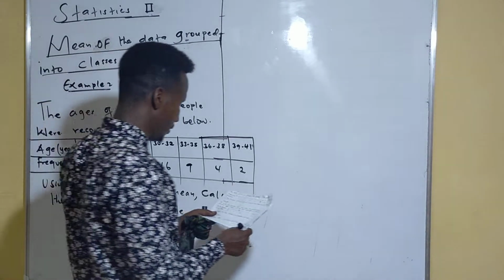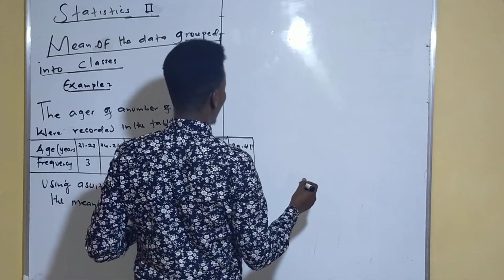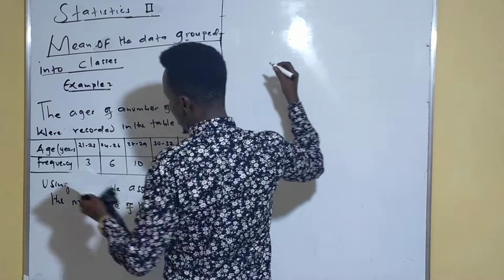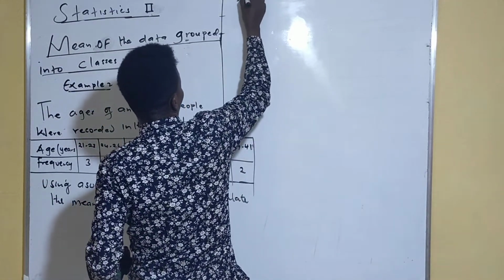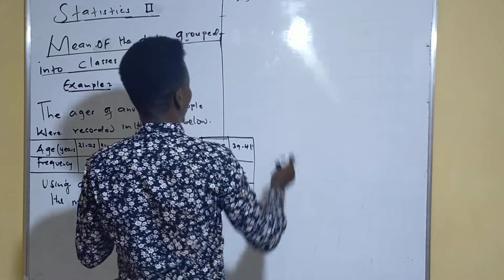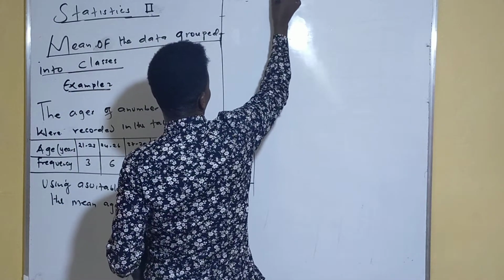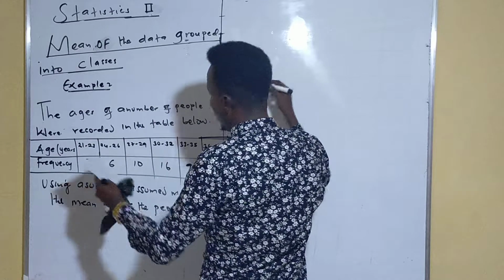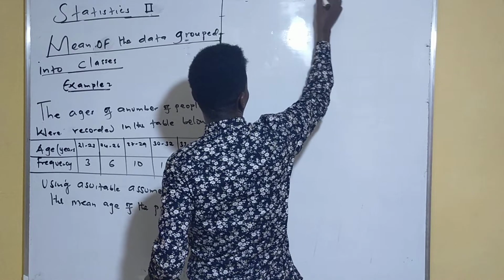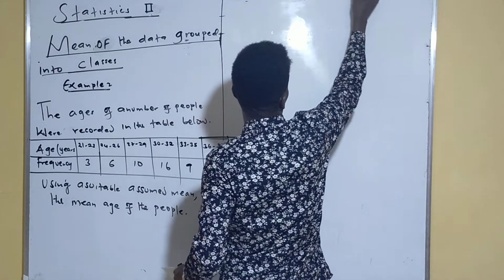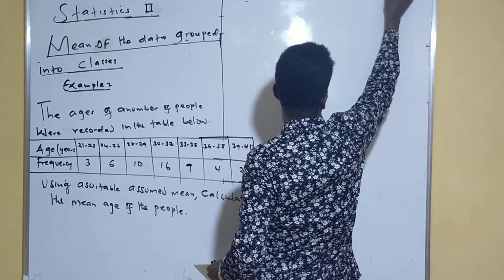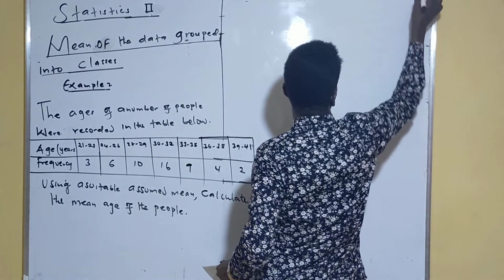Okay, let's come back here. As usual, we write age, then we will have frequency, F. Then I will have midpoint, then deviation, which is gotten as x minus a, then FD.